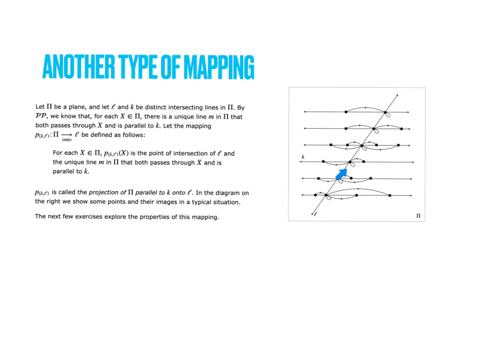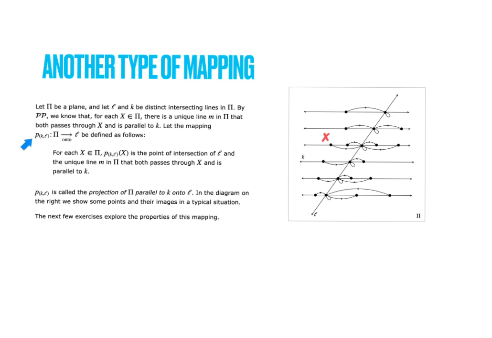So here's L, here's K. By the parallel postulate, we know that for each x in pi, there's a unique line M in pi that both passes through x and is parallel to K. So for example here, if I chose to name this point X, there would be exactly one line that passed through X and would be parallel to K.